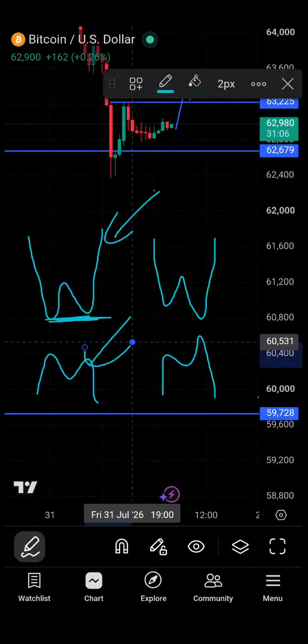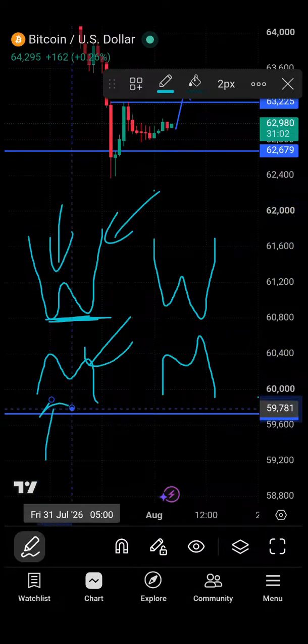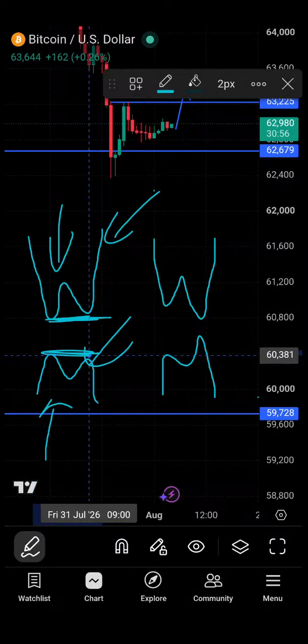What I've noticed is that these kinds of double bottom or double top are very, very dangerous.